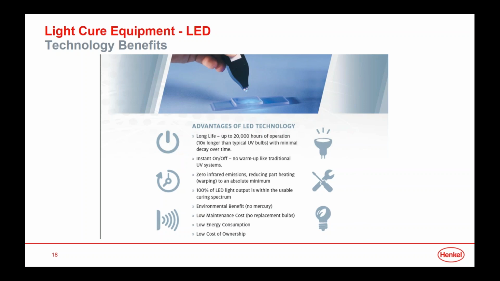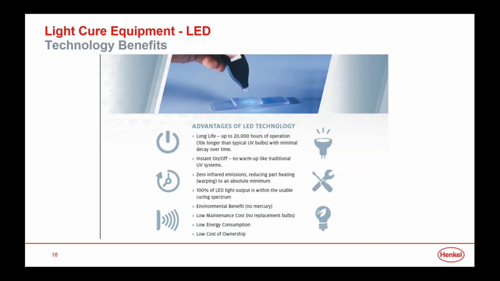There are several advantages of these LED systems over our traditional bulb-based systems, primarily around long life. A 20,000 hour life of an LED compares to what might be a 2,000 hour life in a traditional bulb system. LEDs are instant on-off, so there's no warm-up time, which a bulb system traditionally requires. There are several environmental benefits as well.